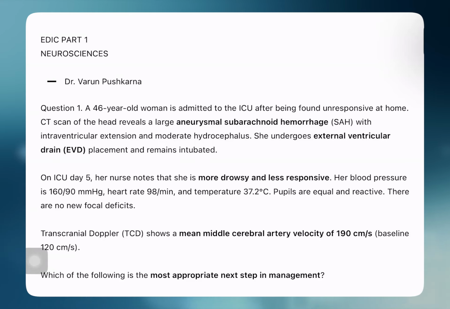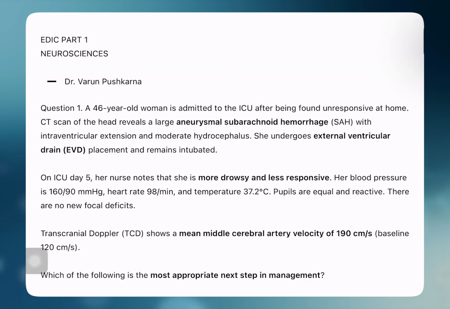So a 46-year-old woman is admitted to the ICU after being found unresponsive at home. CT scan of the head reveals a large aneurysmal SAH with intraventricular extension and moderate hydrocephalus. She undergoes an EVD placement and remains intubated on ventilator.